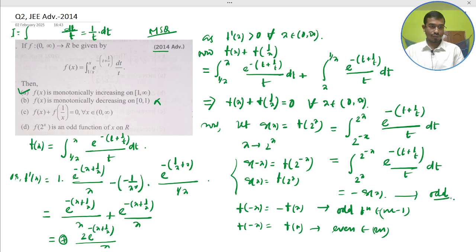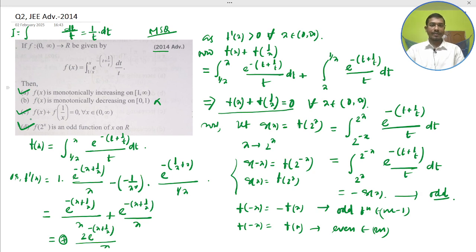So f of 2 to the power x is an odd function of x on R, so D would be correct. So here in the MSQ question, option C also is correct, because we just got here fx plus f of 1 by x is equal to 0, this statement. So C is correct.